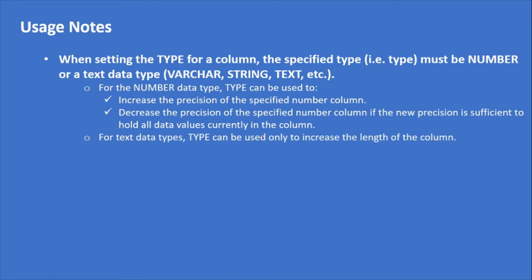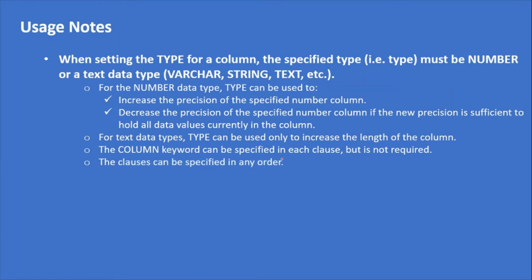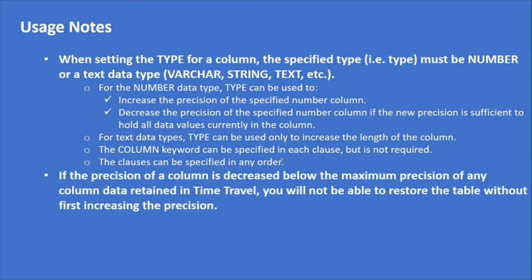Otherwise, it will throw an exception. A text data type can be used only to increase the length of the column. We cannot decrease the length of the column. The column keyword can be specified in each clause but is not required, as I mentioned earlier. The clauses can be specified in any order.